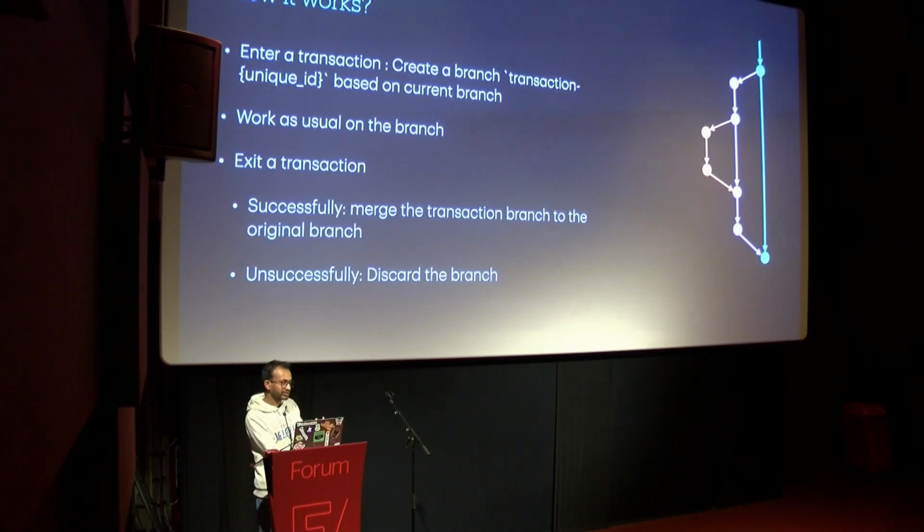You only have something to do when the transaction was successful. Another very cool thing is that when your backend crashes and comes back on, that transaction branch will still be there. So it's possible for you to resurrect that transaction if you wanted to. But we are not taking advantage of that feature in our application.